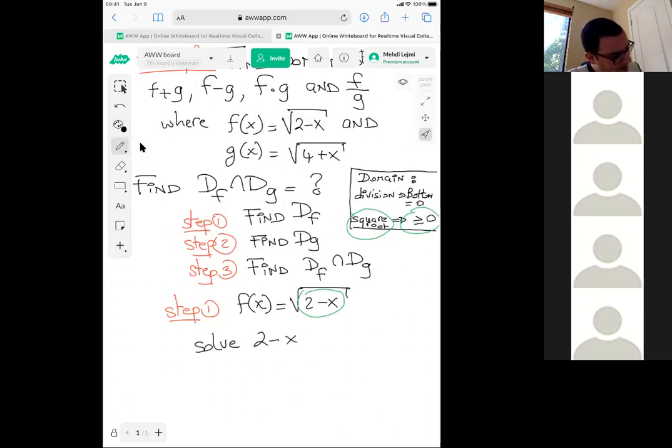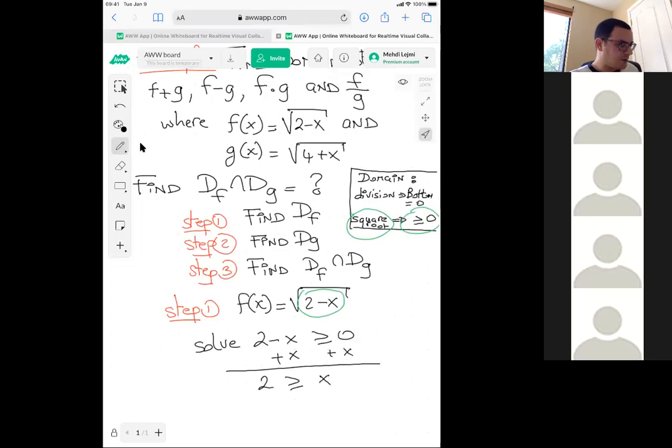We solve for x. We can add x to both sides, so that would be 2 larger or equal to x.